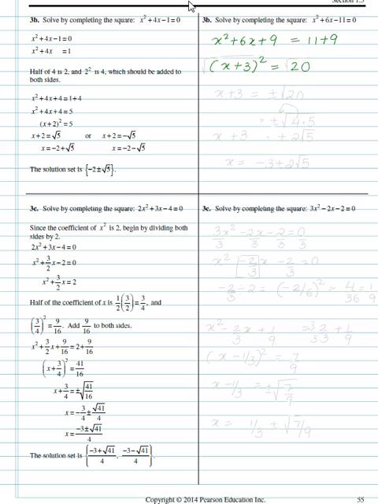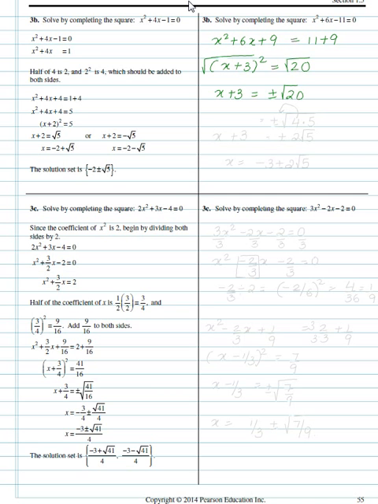That is equal to 20. So the square is by itself, so I find the square root on both sides. So by finding the square root on both sides, I get x plus 3 is equal to plus or minus square root of 20.